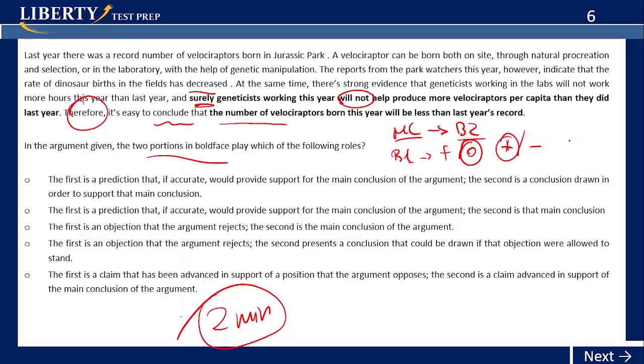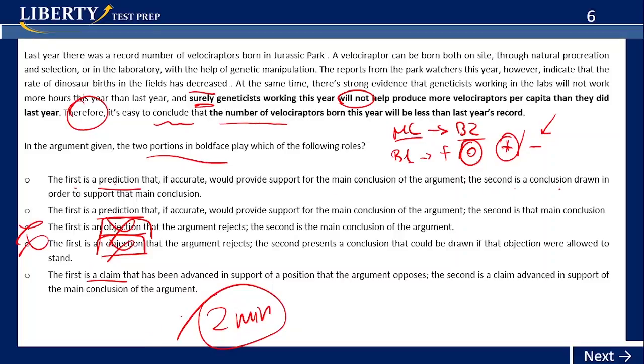So we have enough info to start eliminating some answer choices. The first, a prediction. Prediction is another word for opinion, conclusion, claim, so that's fine. The first thing, objection. Objection is something that has a negative relationship. And here we have nothing with a negative relationship. So objection is out. The first, a claim, that could be. Let's go to the second part.